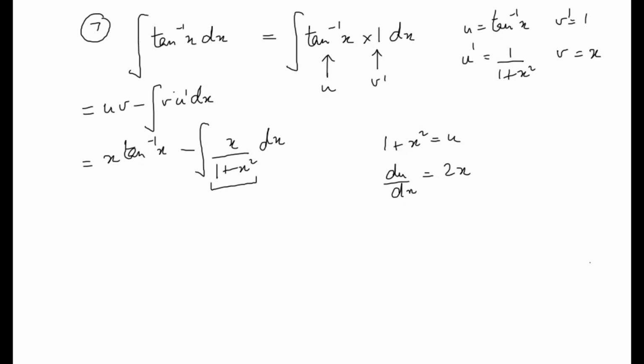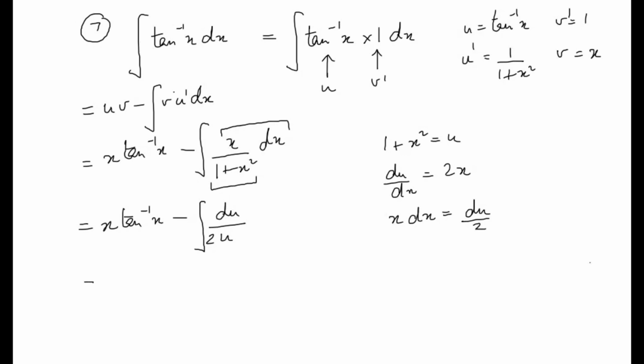We have an x dx here that needs to be substituted. So x dx according to this is du by 2. Right. So x tan inverse x minus, I'm making the substitution now, x dx is du by 2, and 1 plus x squared is u.